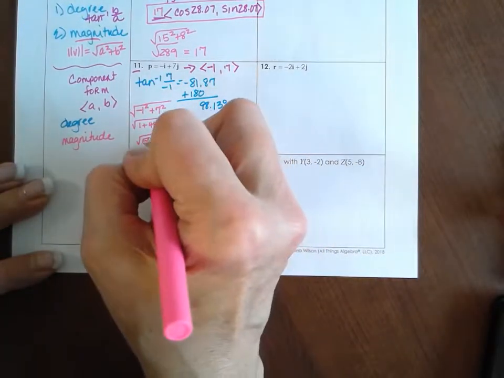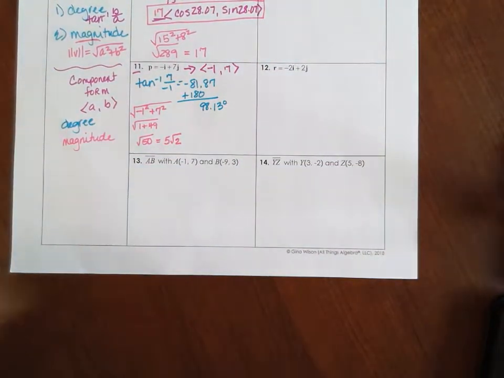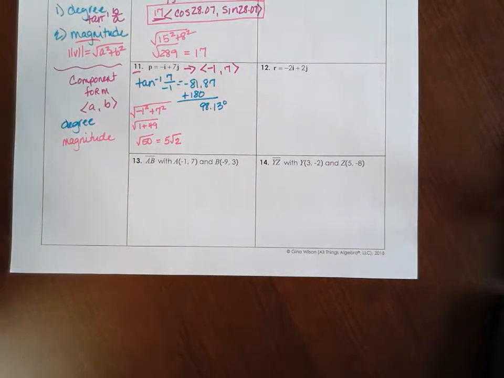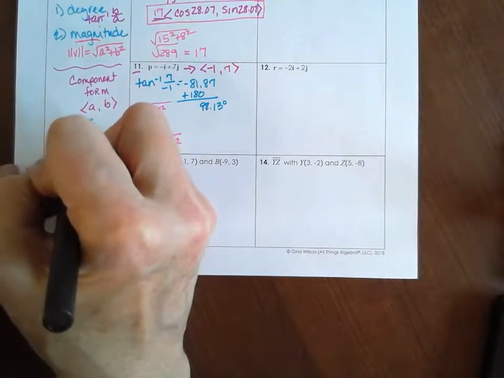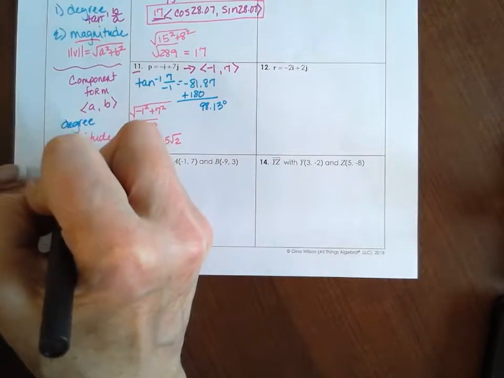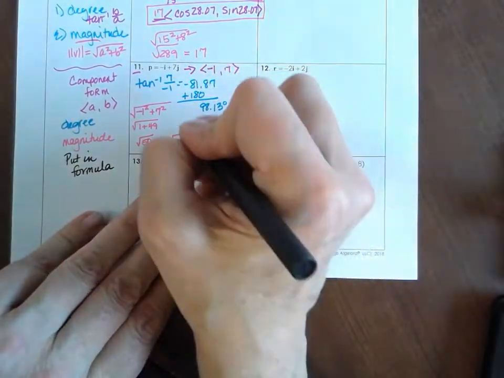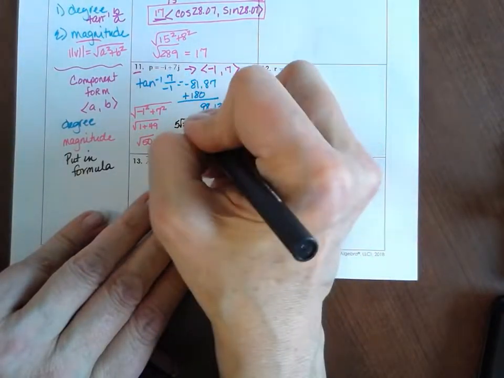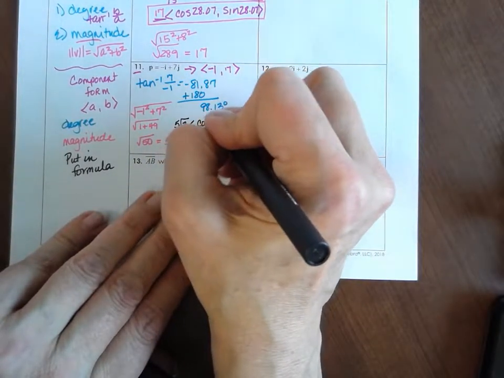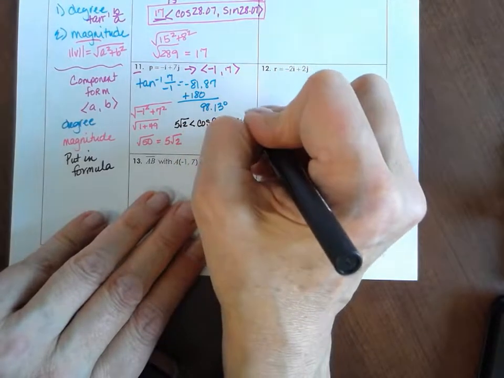So that's going to be 5 square root of 2. Put it in the formula. So I have 5 square root of 2 and cosine 98.13 sine 98.13.